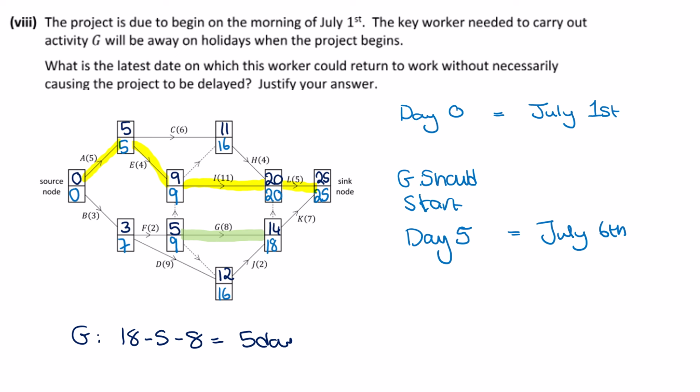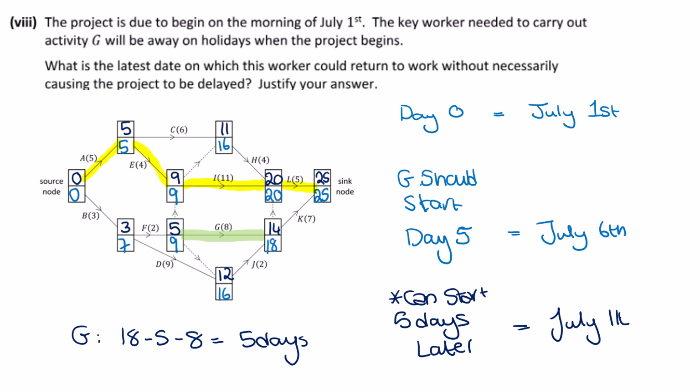So it can be delayed for 5 days. So it can start 5 days later. That's what the float tells us. So that's going to be July 11th. So our answer there is the latest it can start is July 11th.